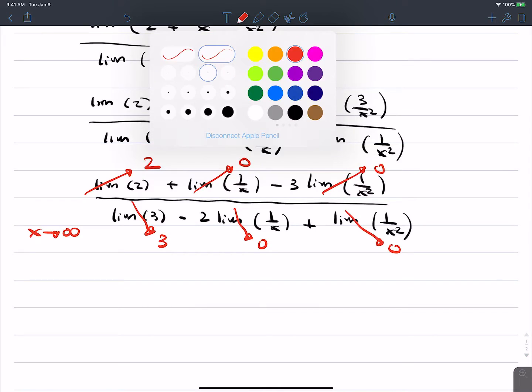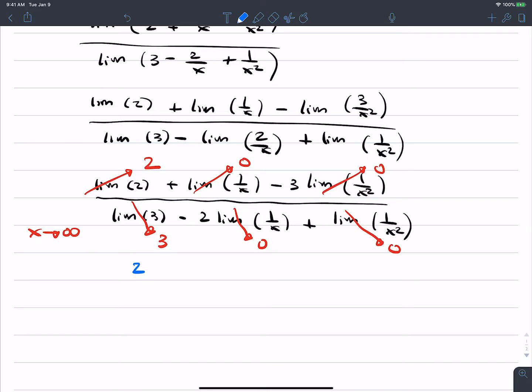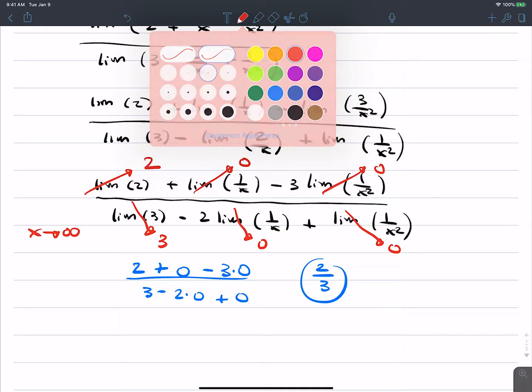So altogether here, we're going to have 2 plus 0 minus 3 times 0 over 3 minus 2 times 0 plus 0. So when we do the arithmetic, what do we end up with? This is going to be 2 over 3. And that value is what? We've been saying that value is finite, right?